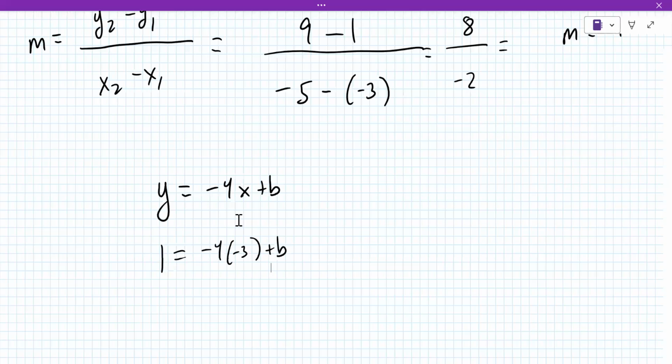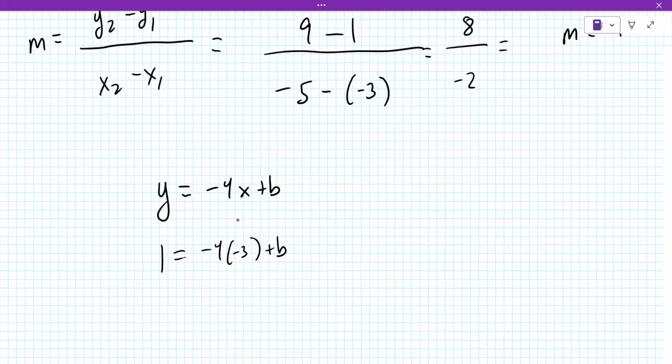Okay, let me recalculate. Okay, so is it -11?